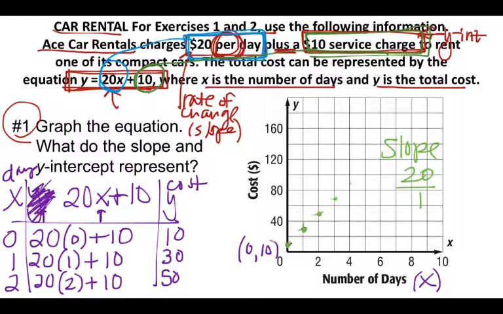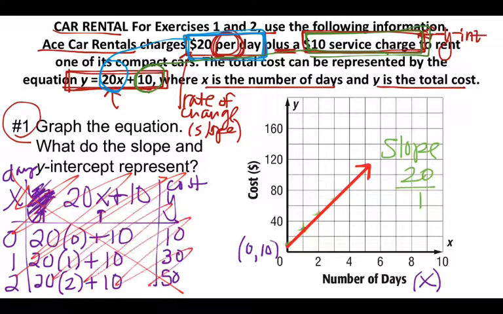All we need are points. And then we take those points and we connect them and make a line. So that would be what our graph looks like. This table is not necessary. You should, at this point, be using the slope. I just wanted to do the table so you could see the actual numbers. But if we use our slope information, rise 20, run 1, it gets us each of our points.